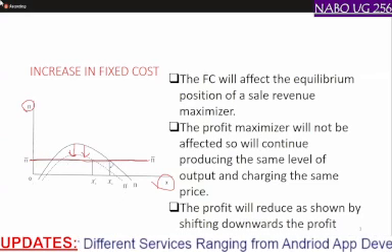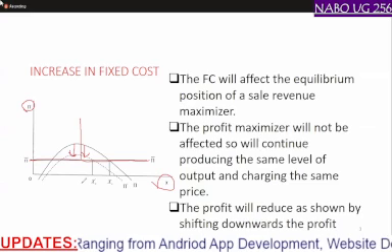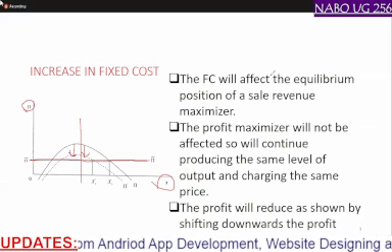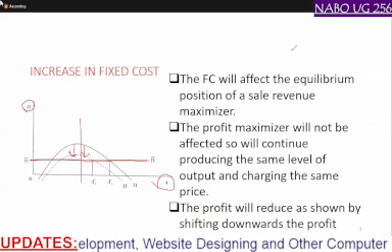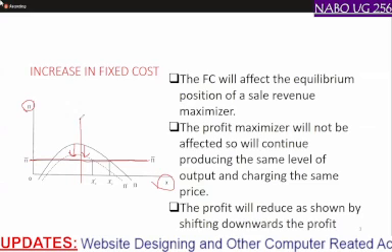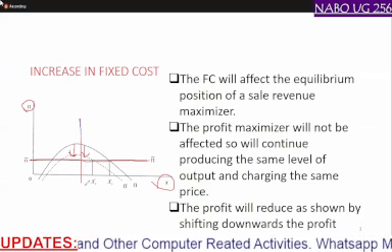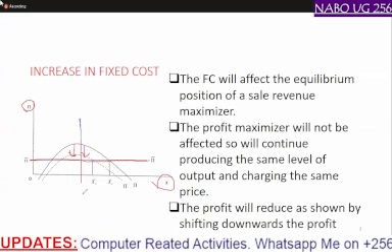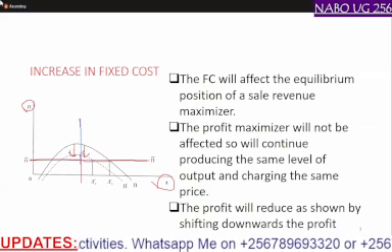What we observe is that a profit maximizer is not affected by an increase in the fixed cost. A profit maximizer will continue producing the same level of output Q pi, but his profit comes down also.